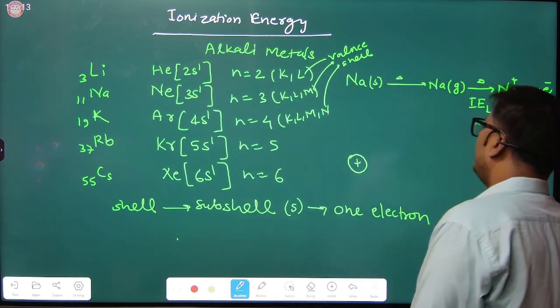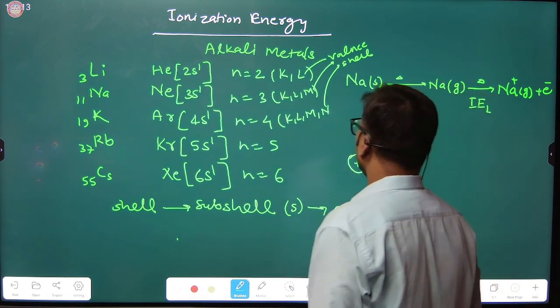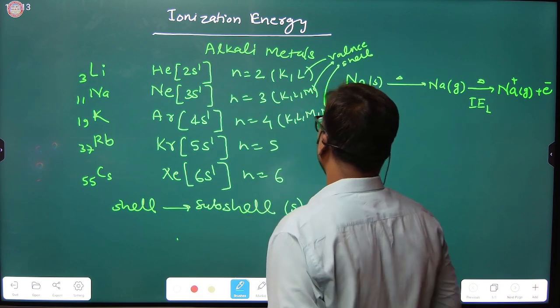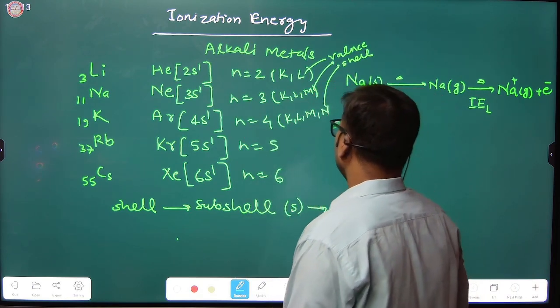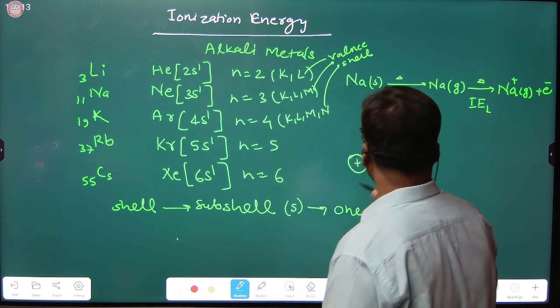In case of lithium, this one electron is located in the 2s orbital, which is the closest to the nucleus.